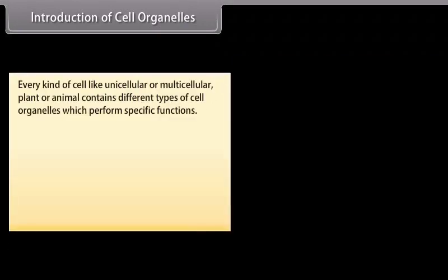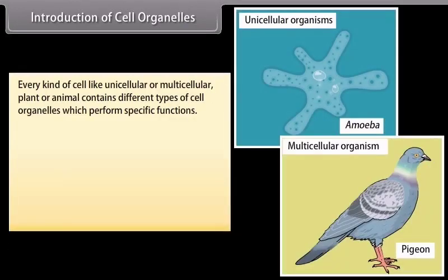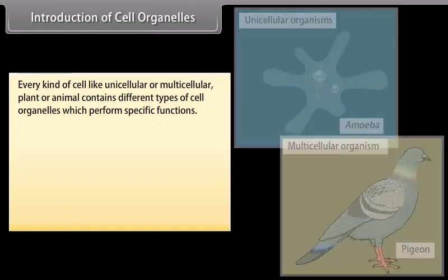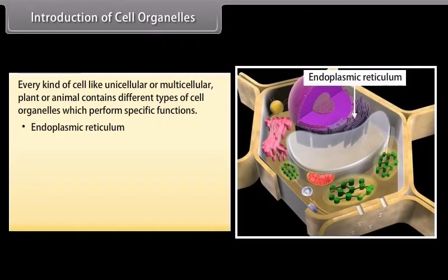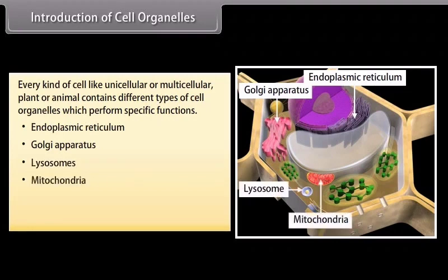Every kind of cell, like unicellular or multicellular, plant or animal, contains different types of cell organelles which perform specific functions. Endoplasmic reticulum, Golgi apparatus, lysosomes, mitochondria, plastids and vacuoles are some examples of these cell organelles. Now let us know their structure and functions in detail.